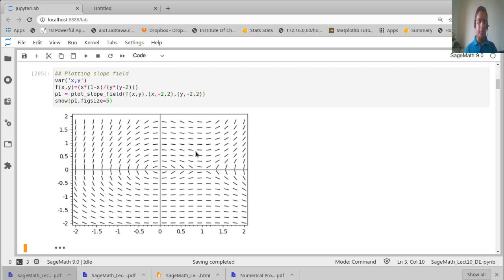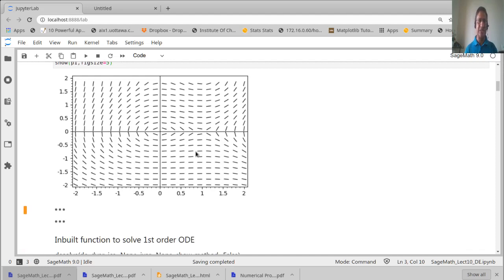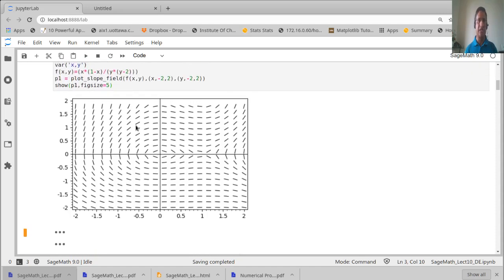You can also plot, as we have already seen, a streamline plot. That means it will also plot a curve along with the direction. So let us add a streamline plot to this, just to show how these vector fields move.